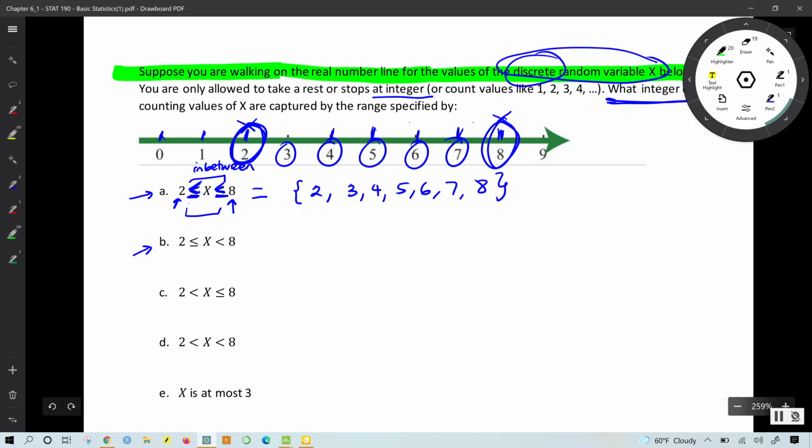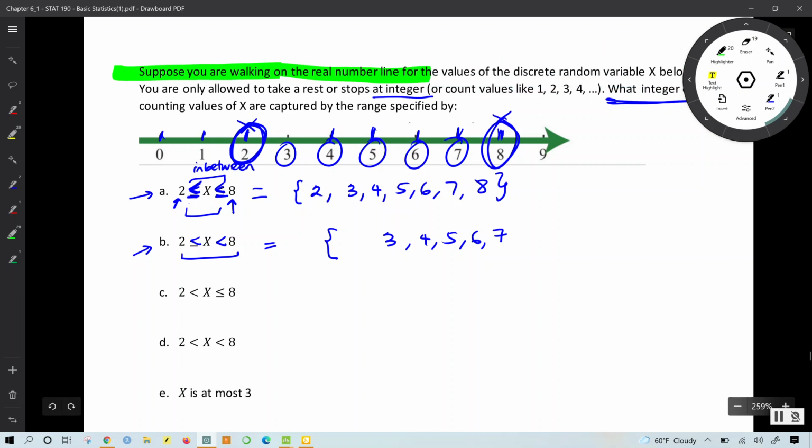Based on what we just learned, what do you think about this? I still see less than. So first, I'm going to write every number in between 2 and 8, whole numbers in between 2 and 8 for discrete random variables. I keep emphasizing that in this case, we're talking about a discrete random variable because when we get to continuous, it might be something slightly different.